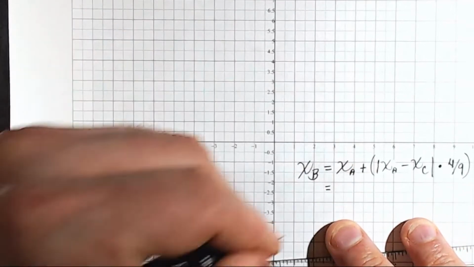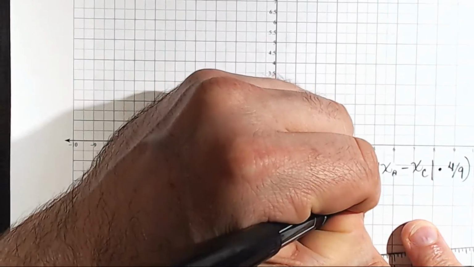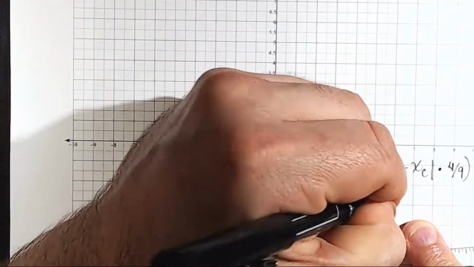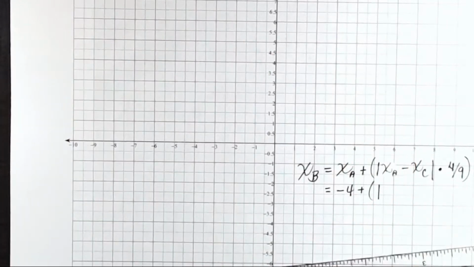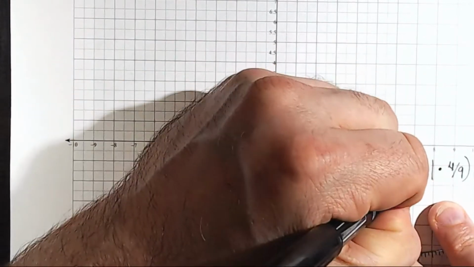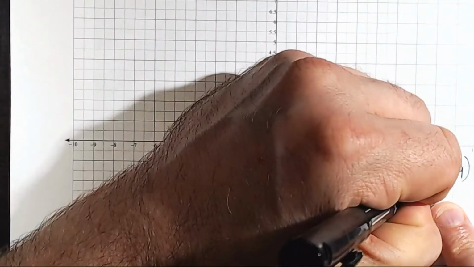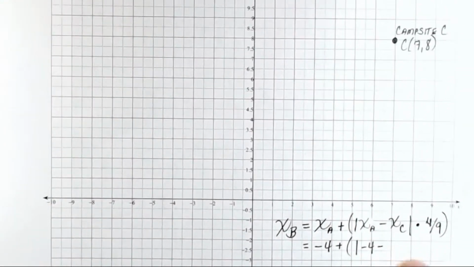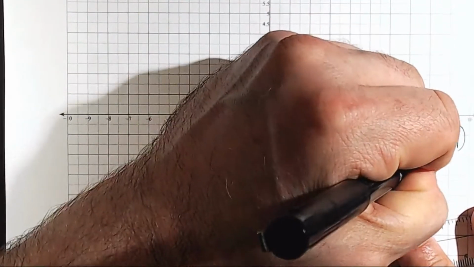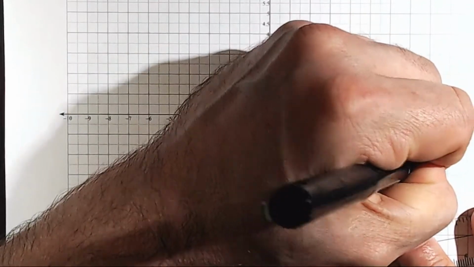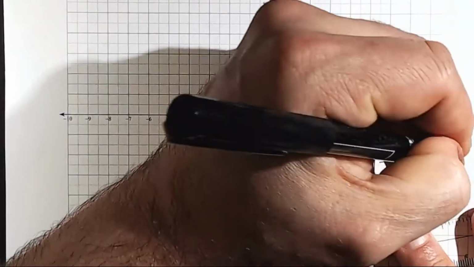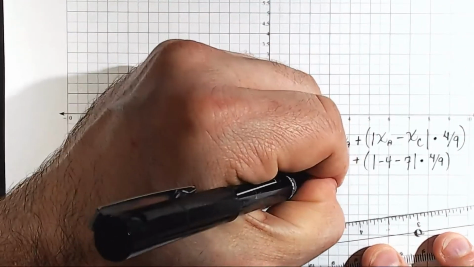X sub A is -4 plus, open parentheses, absolute value, and now we want to put the X coordinate of A, which again was -4, minus the X coordinate of campsite C, which would be 7, absolute value sign, times 4/9. Close parentheses. All right, so we'll just keep rolling.